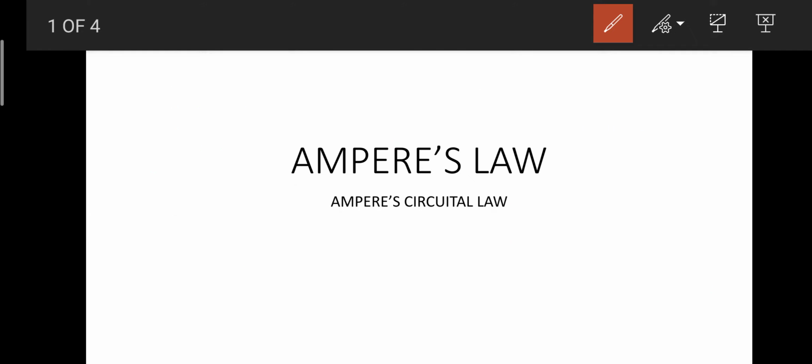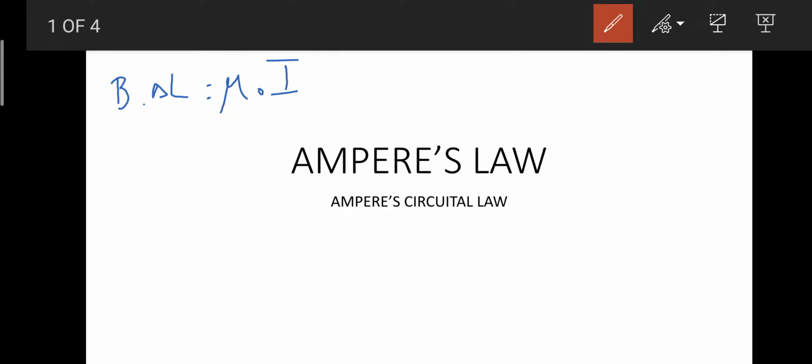Okay. Now, if I want to determine the relation for the statement of Ampere's law, we have observed that B dot dl is equal to mu naught I. This B dot dl, or you can write it as delta L, as written in your book, B dot delta L, is equal to mu naught I, right?